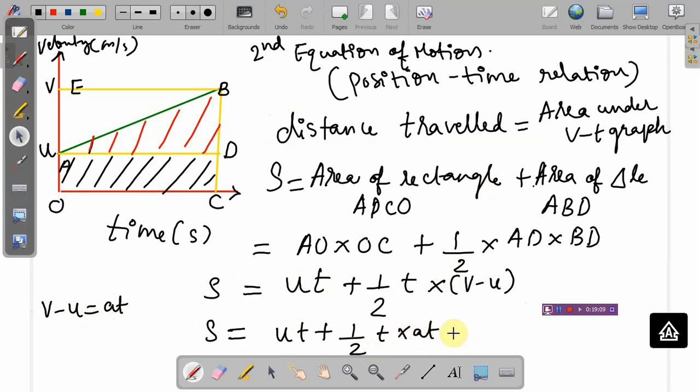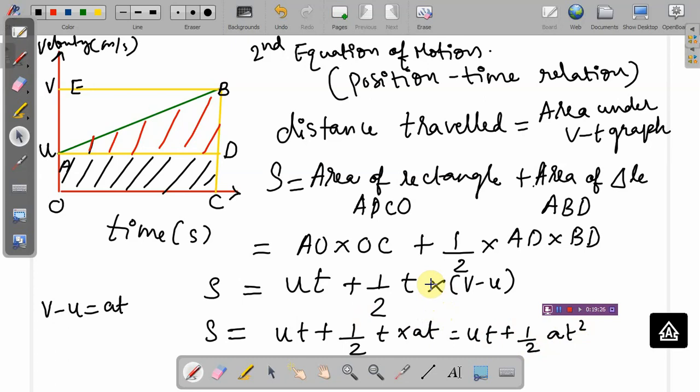So what will I get finally? It is UT plus half AT square. This is the second equation of motion, which is the position-time relationship.